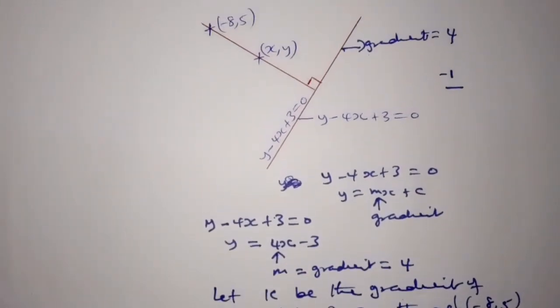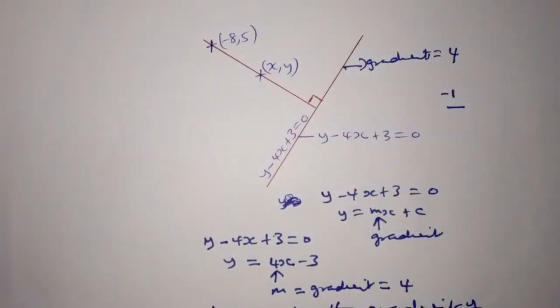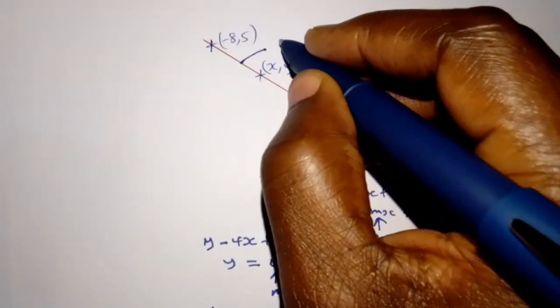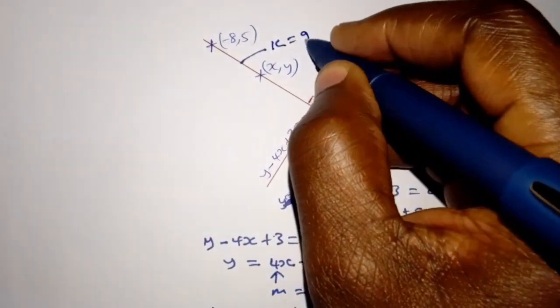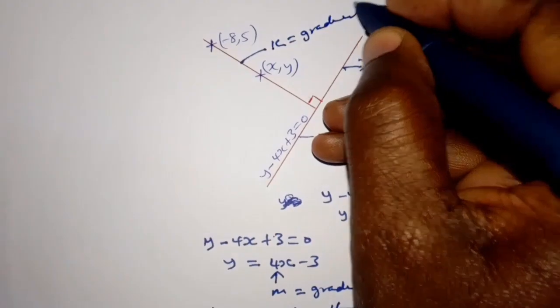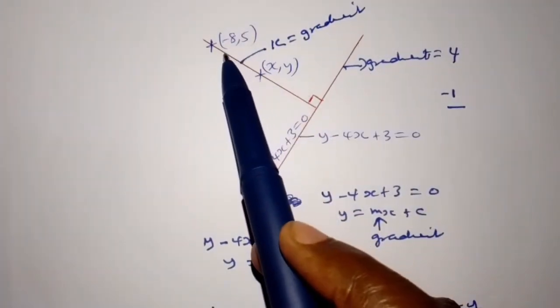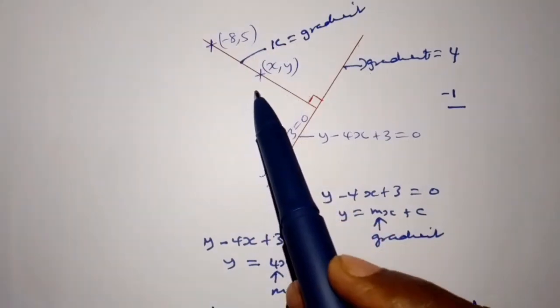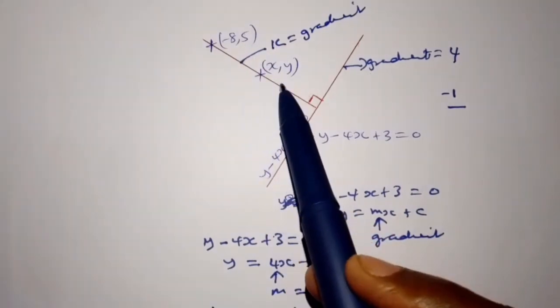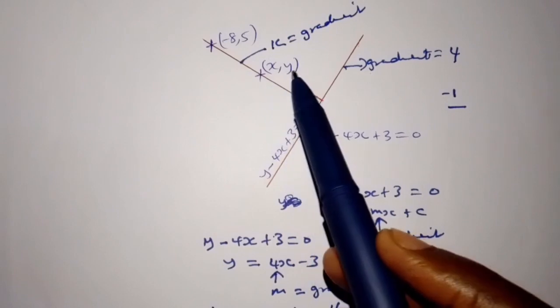So let k be the gradient of this line. And in this line we have the point -8, 5. Let's say that the other point is (x, y).